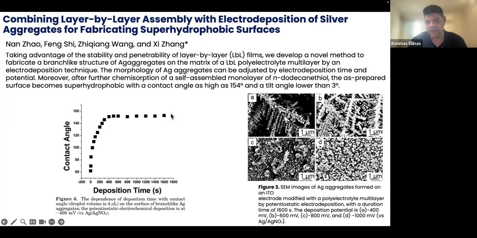And depending on the deposition time, they found a plateau in the contact angle, so there was no need to increase the deposition time beyond, let's say, 300 seconds, since the contact angle remained the same.